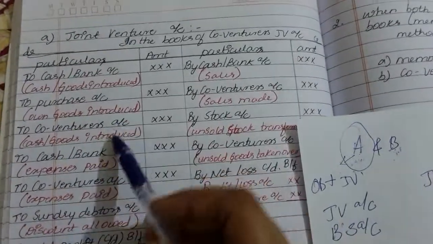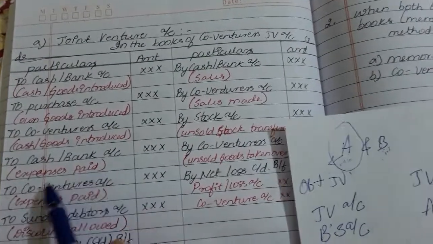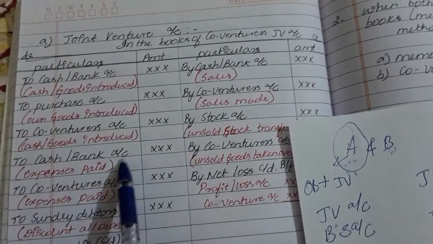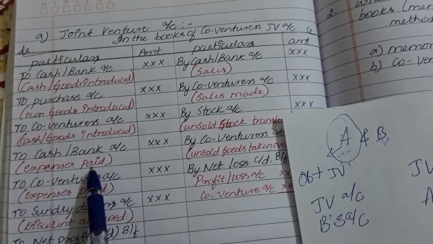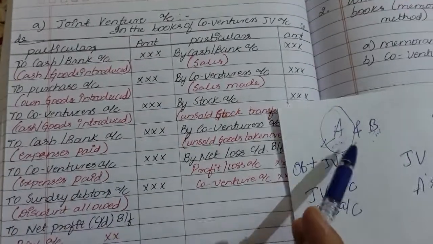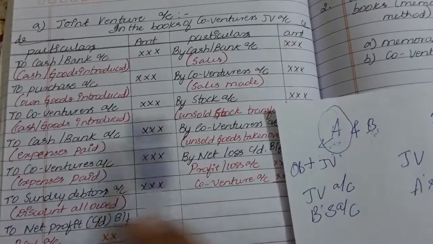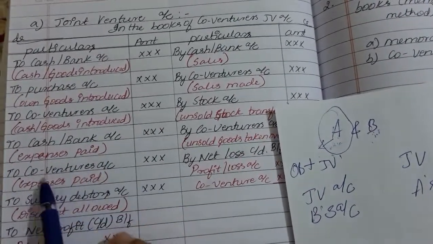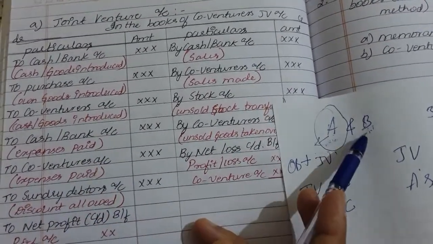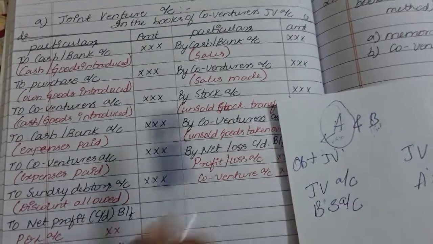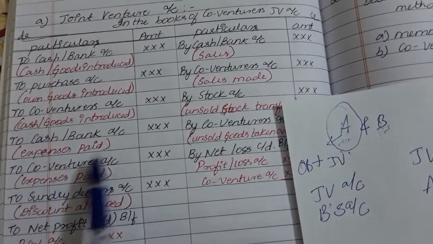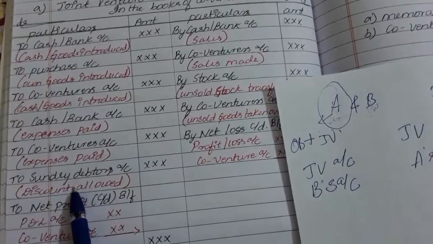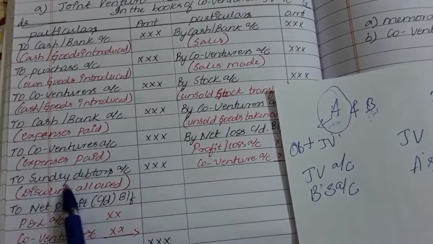Coming on to the cash or bank account, expenses paid. If any expenses are paid by A from his bank account, we will be writing it as cash or bank account. If B has paid any expenses, that will be recorded as to co-venturers account. If discount has been allowed to debtors, it goes to sundry debtors account.